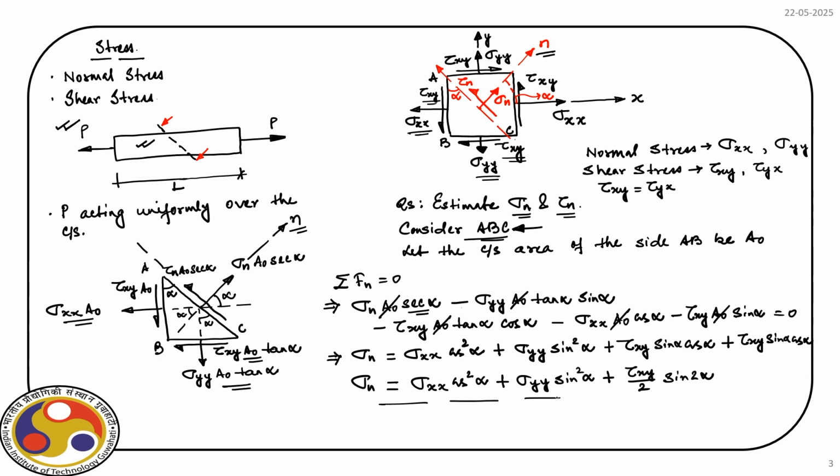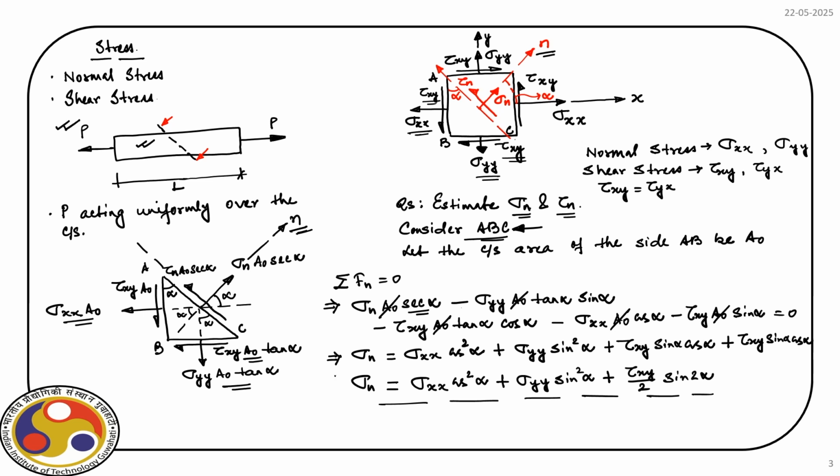So, that is the expression of sigma n. We can consider the remaining direction perpendicular to this n, and we can again satisfy the equilibrium condition, which will give us tau n. That we will do in a minute, but for the time being let us first look at this expression.